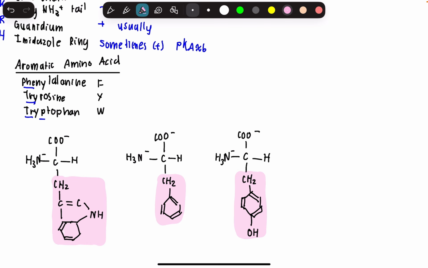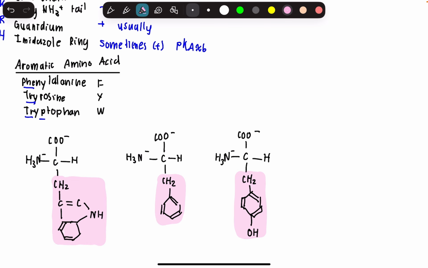Now, let's continue on with our sulfur-containing amino acids. For our sulfur-containing amino acids, we have cysteine and methionine, and the roles of each of these: cysteine forms a disulfide bond, and methionine has a start codon.